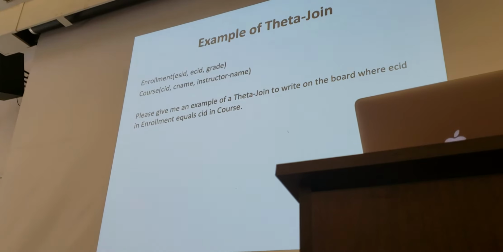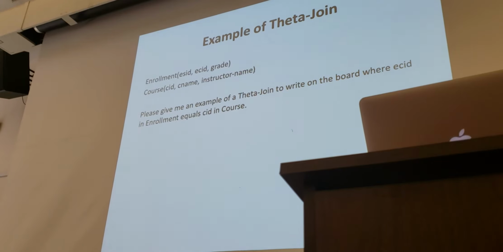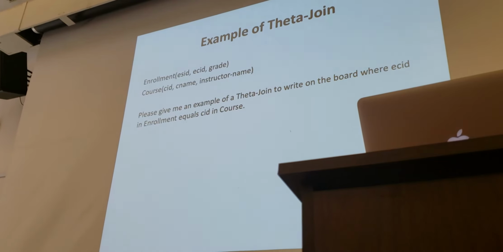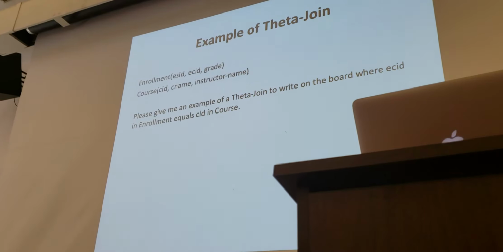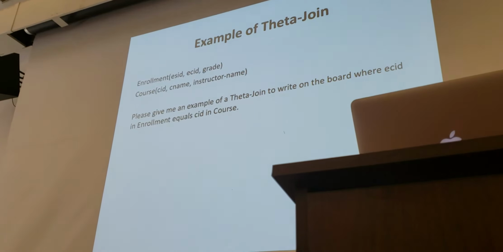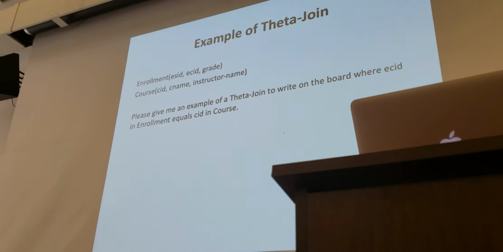So, boring examples: we have students who are enrolled in courses and get grades in courses. So in enrollment, we'll have ESID, the student ID, ECID, and grade. Didn't call that E-grade, could have. And then we have course, where there's a course ID, a course name, and an instructor name.